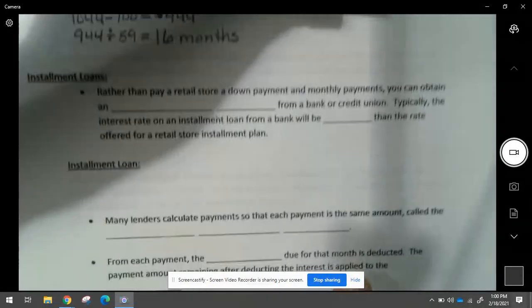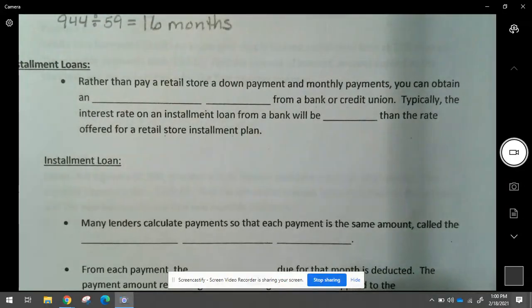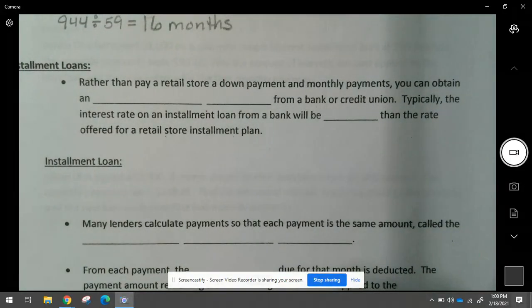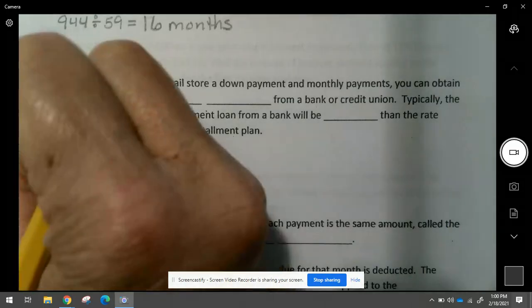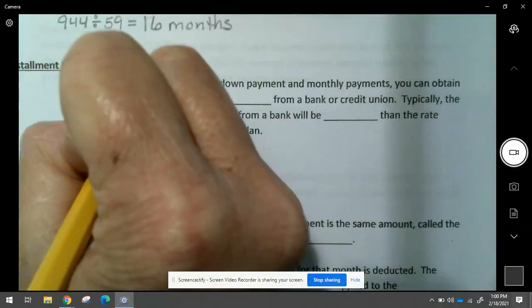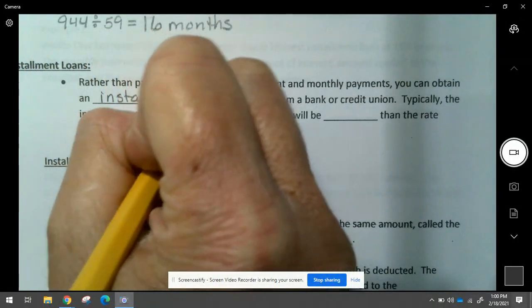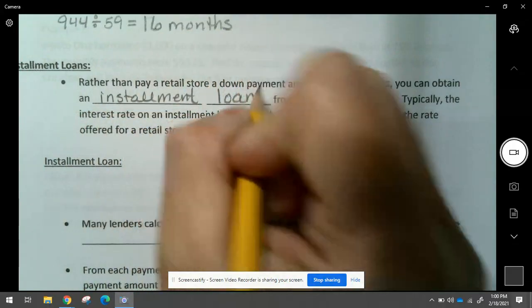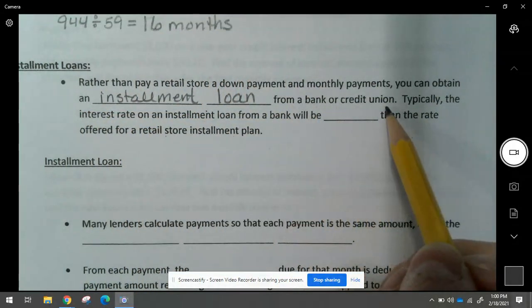Okay, let's move on and let's talk about some more information about installment loans. Rather than paying a retail store down payment and monthly payments, you can obtain an installment loan from a bank or a credit union.